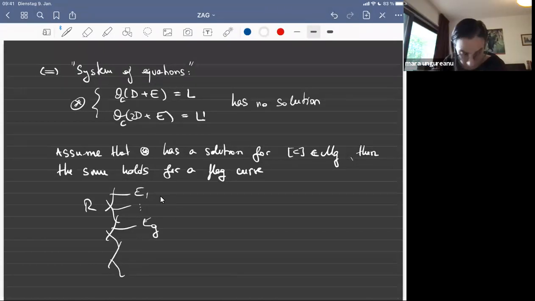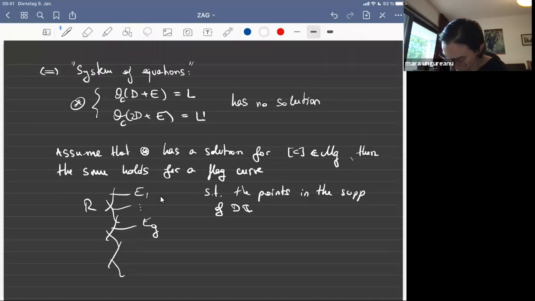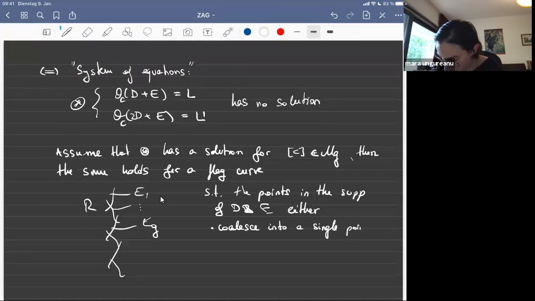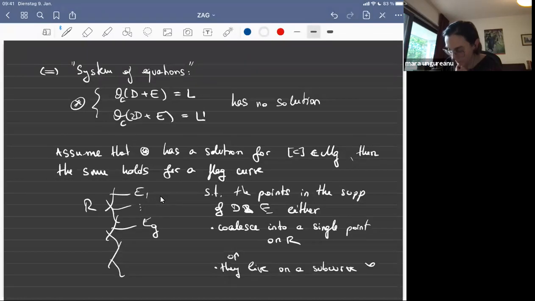And not just that, but in a certain configuration such that the points in the supports of D and E either coalesce into a single point on the rational spine, or they live on a subcurve Y. So the subcurve Y would be maybe something like this, right?